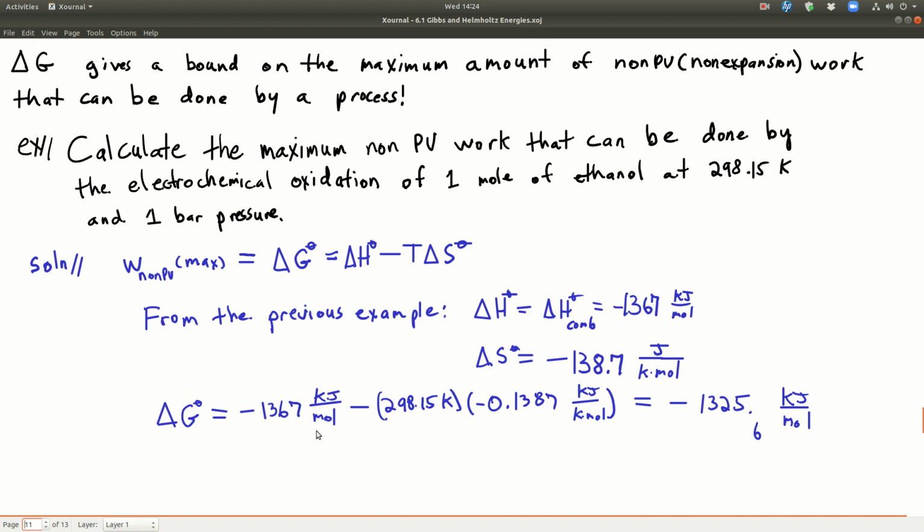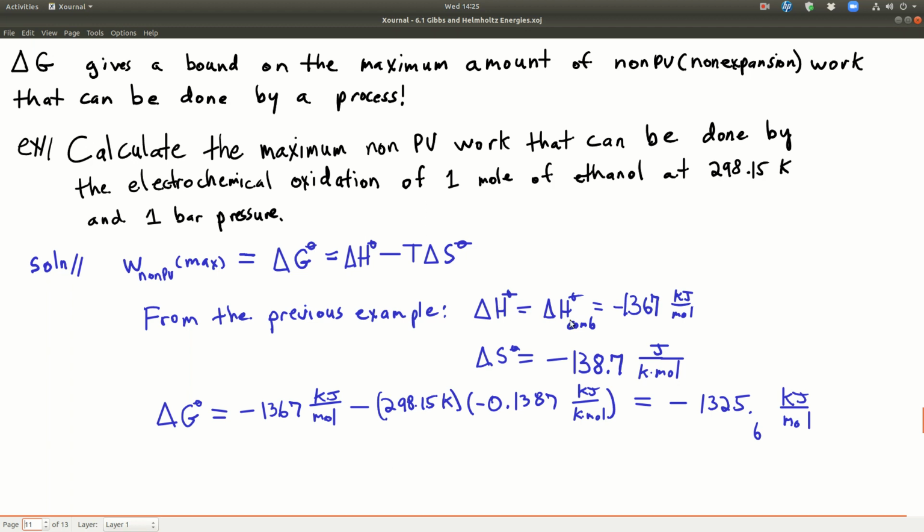So let's revisit that ethanol that we just looked at a few minutes ago and calculate the maximum amount of non-PV work that can be done by the same process, electrochemical oxidation of 1 mole of ethanol, same temperature, same pressure. So this is how you use Gibbs free energy. The maximum amount of non-PV work that can be done is equal to delta G, which is delta H minus T delta S. Constant temperature, constant pressure, remember.